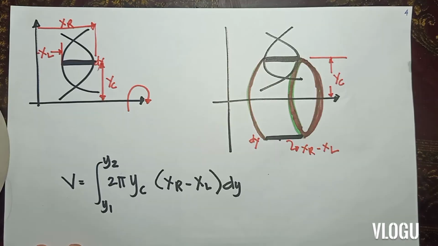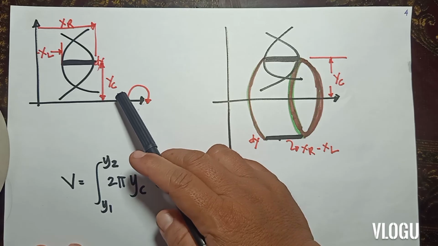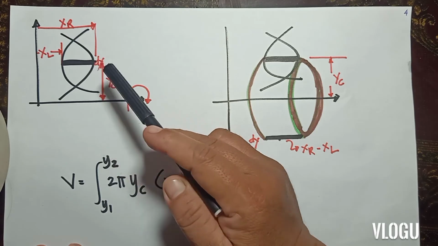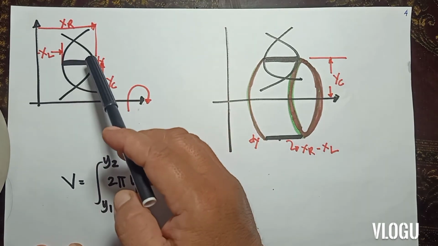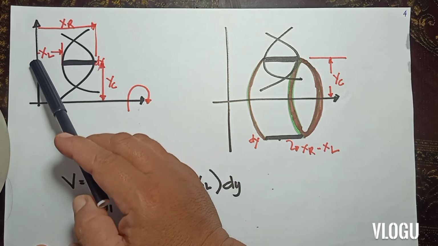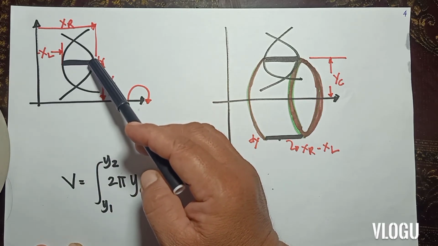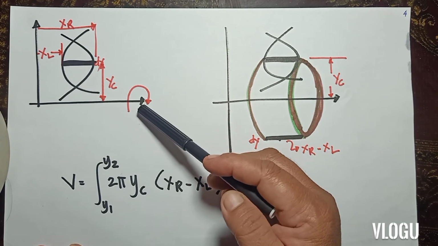Okay, next. Here, if you look at the arrow, we will revolve the horizontal strip about the x-axis. If we revolve it about the y-axis, that would become a disc. But if we revolve this one about the x-axis, that would become a cylindrical shell.